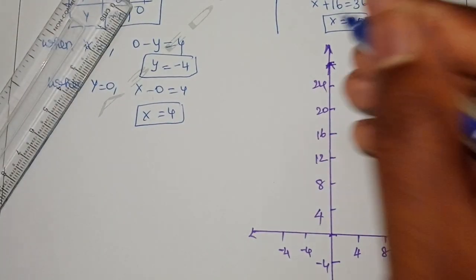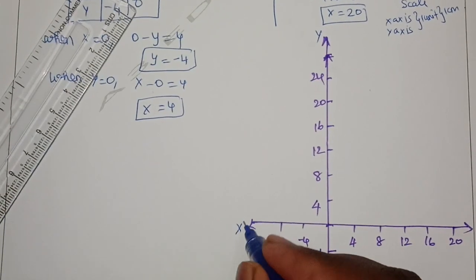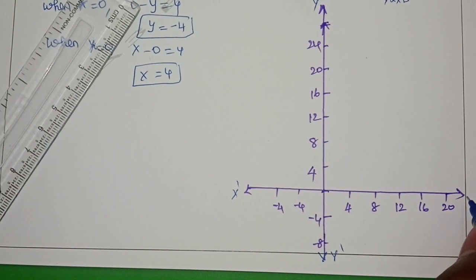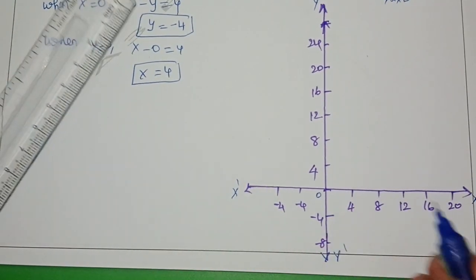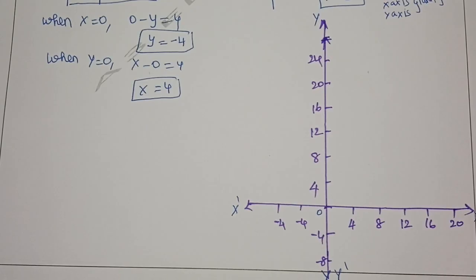It is easily understood. Mark y, x dash, y dash, x, and the origin 0. It will be checked every time. Then plot the points.